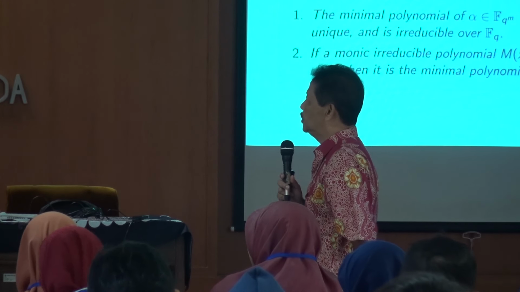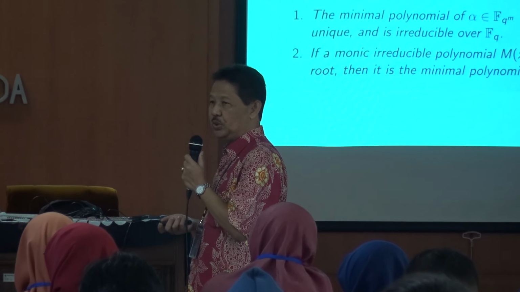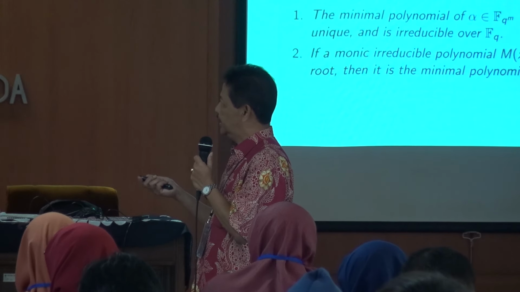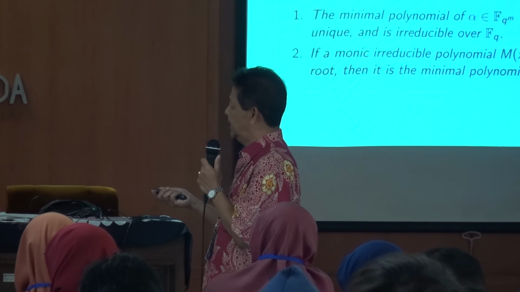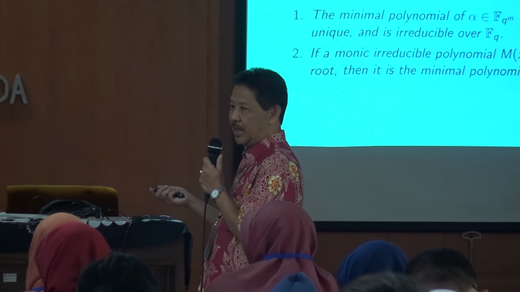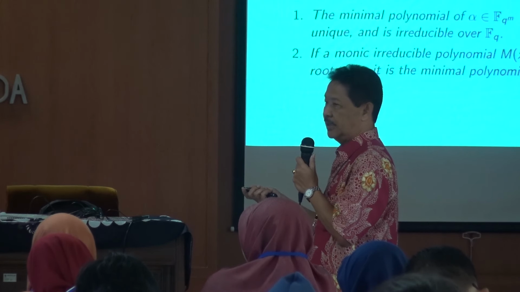The minimal polynomial of an element alpha of F_q^m with respect to F_q, with m an integer, is the nonzero monic polynomial f(x) of least degree having alpha as a root.